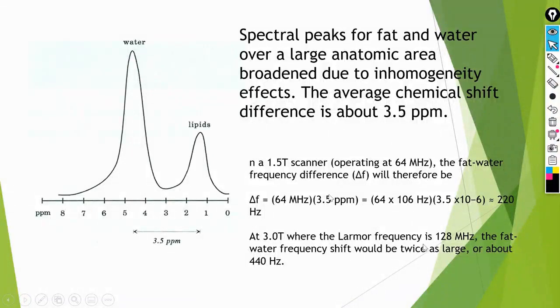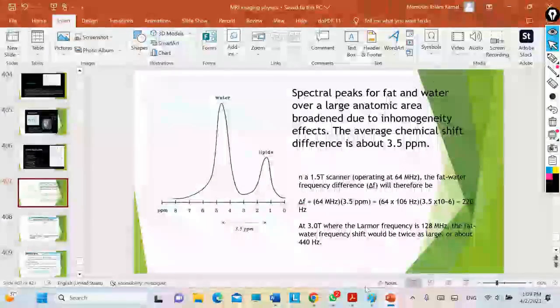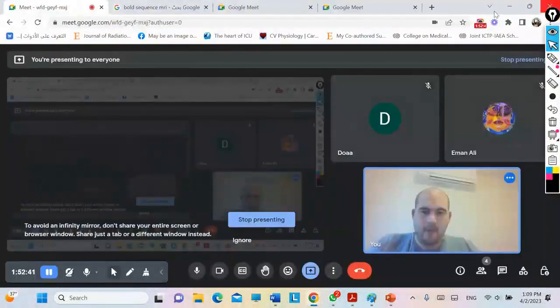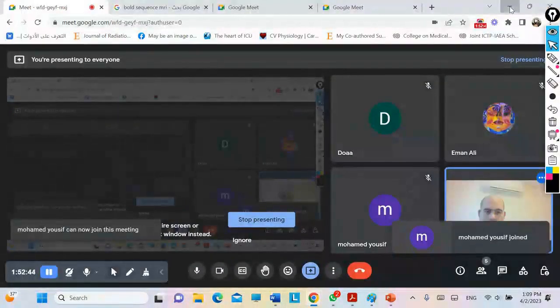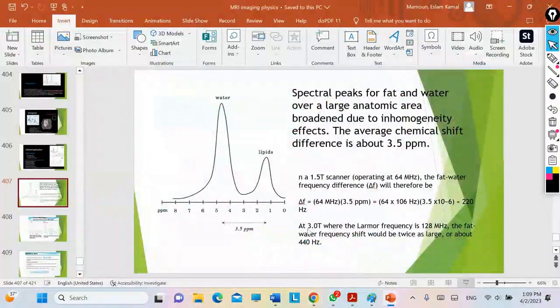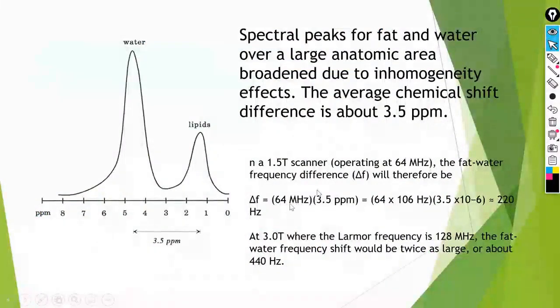When I multiply these 3.5 by the frequency, when I strike them at a frequency value of 64 megahertz, which relates to the 1.5 Tesla device, it gives me a frequency of 220 Hertz.